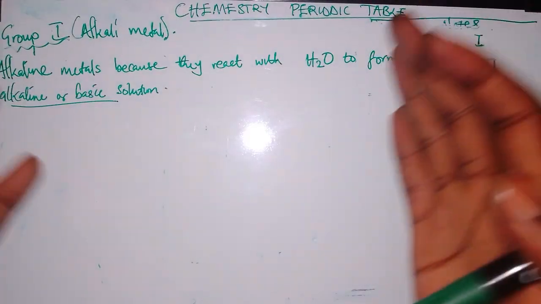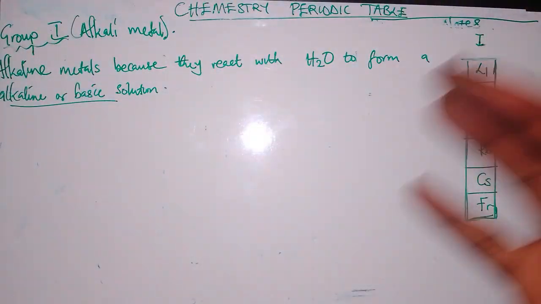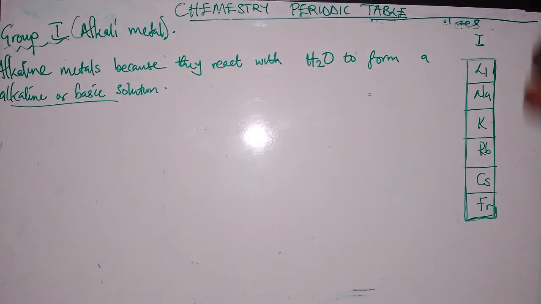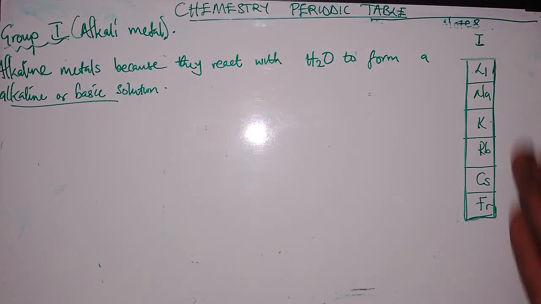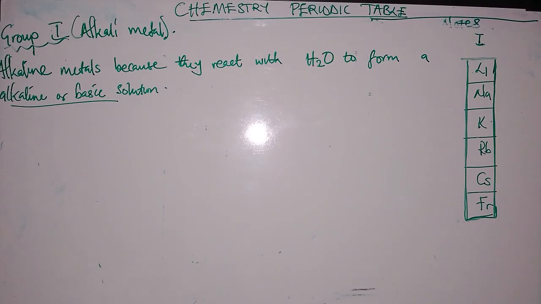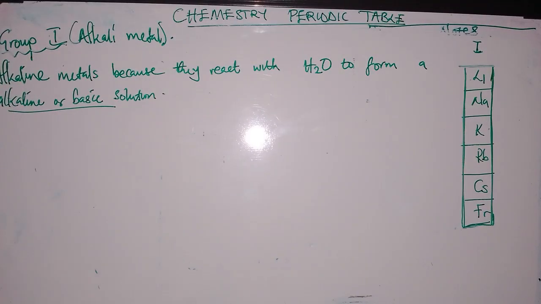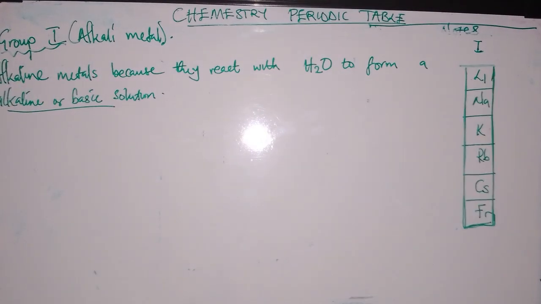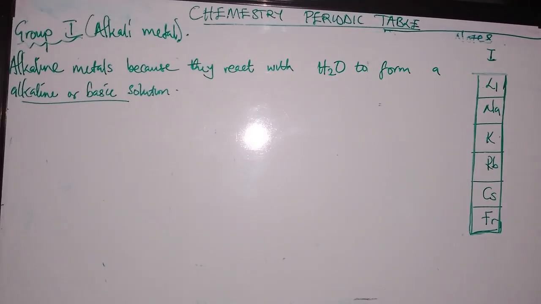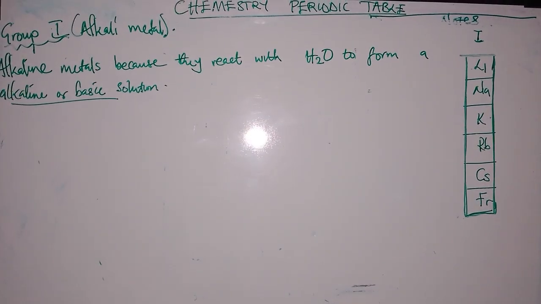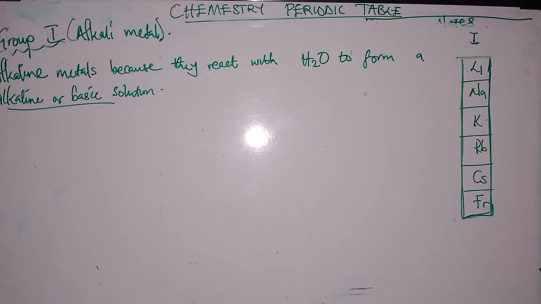After understanding what group 1 elements are, you now need to understand what exactly are the elements in group 1. Because if you understand what they mean and you don't know what elements are in group 1, of course you get the question wrong. The elements in group 1 are lithium, sodium, potassium, rubidium, calcium, and francium.